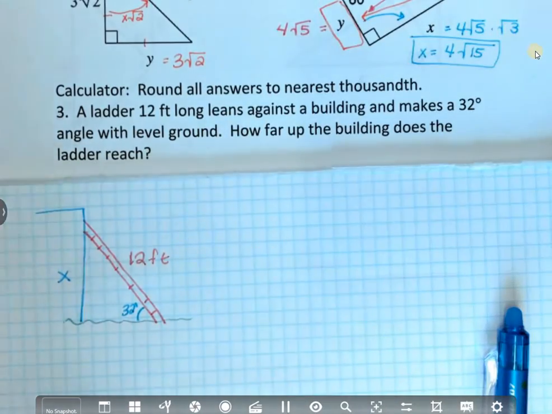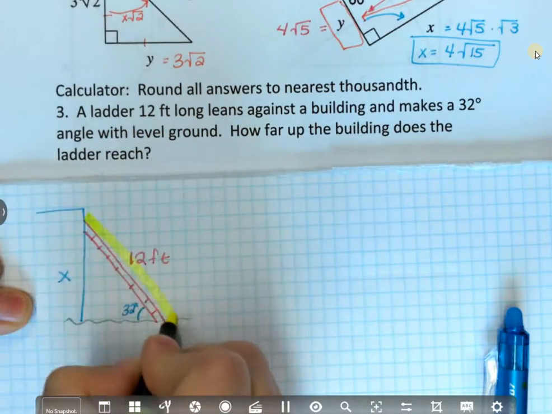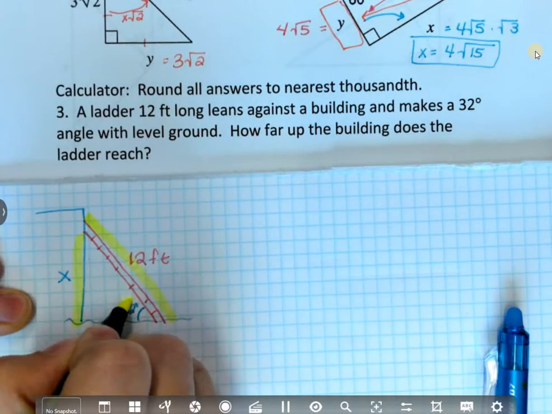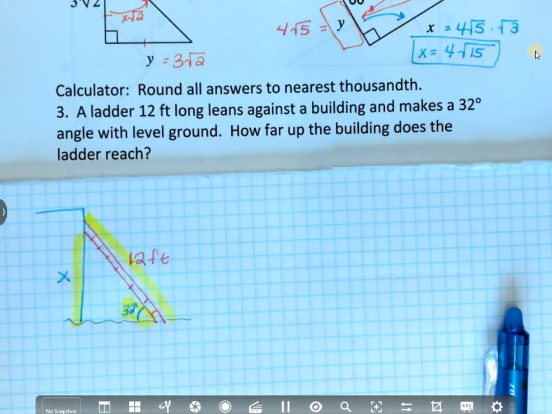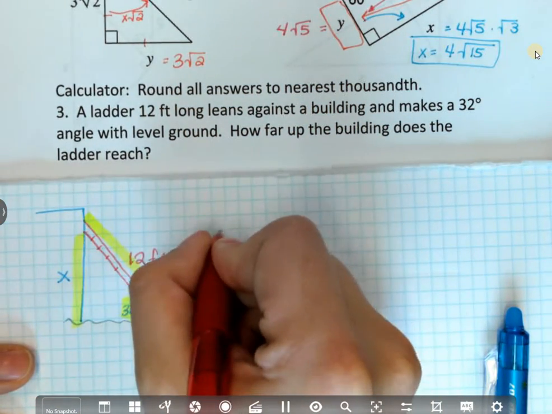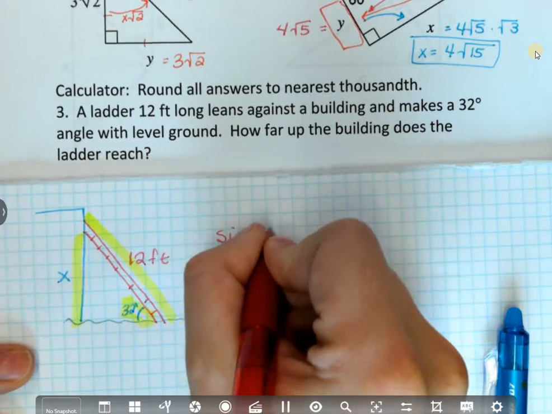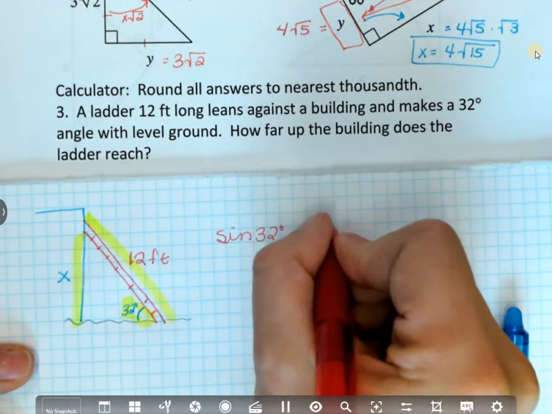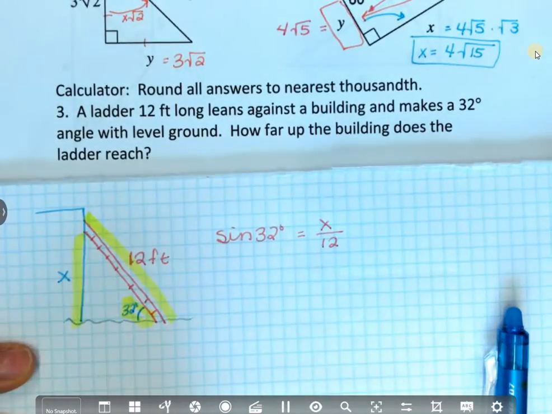So, what I have here, I have this side, I need this side, and I'm given that angle. Which trig ratio am I going to use? Sine, because that's opposite and hypotenuse. So the sine of 32 degrees is opposite over hypotenuse.